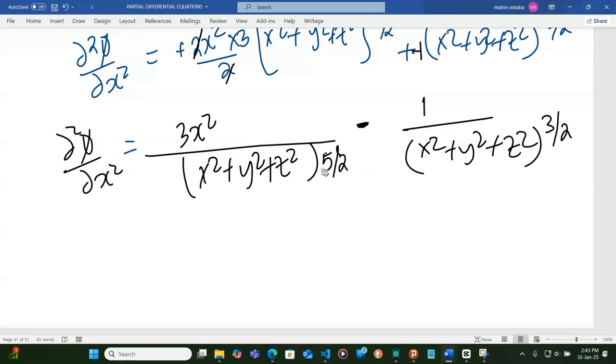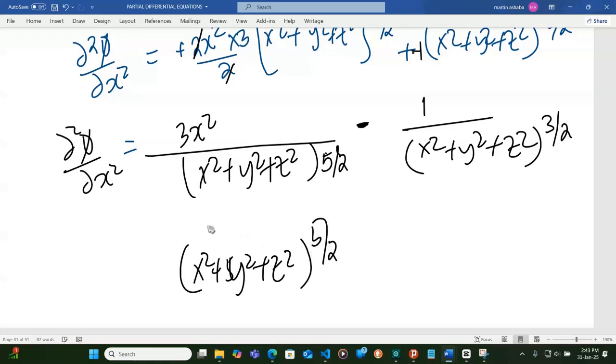So this is the LCM, so I will take (x squared plus y squared plus z squared) to the power 5 over 2. If I divide it by this, I'll have 1, so that I have 3x squared. Then minus this divided by this, I'll have x squared plus y squared plus z squared.